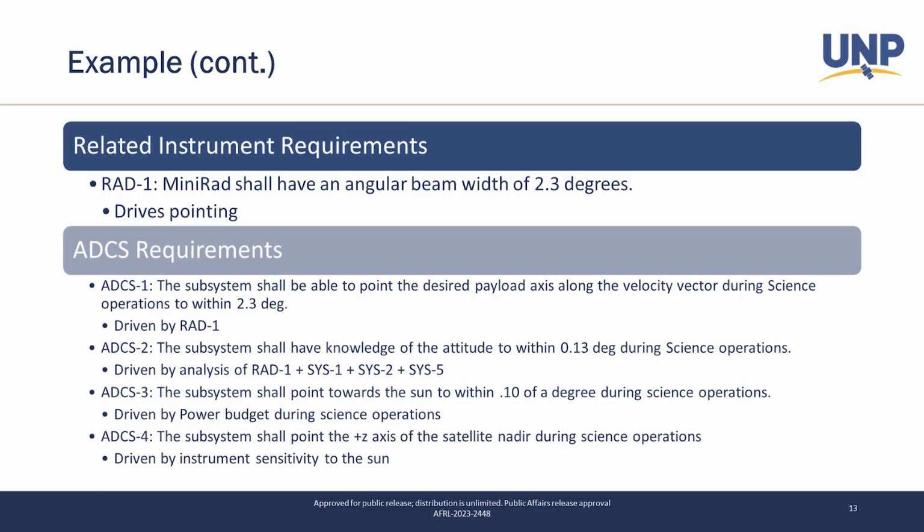And if we could do a lesser accuracy, that would not complicate the power budget as much. The fourth one is actually a conflicting requirement. If you read the first one, it says, hey, point this axis in this direction. And then the third one says, hey, point this axis in this direction.